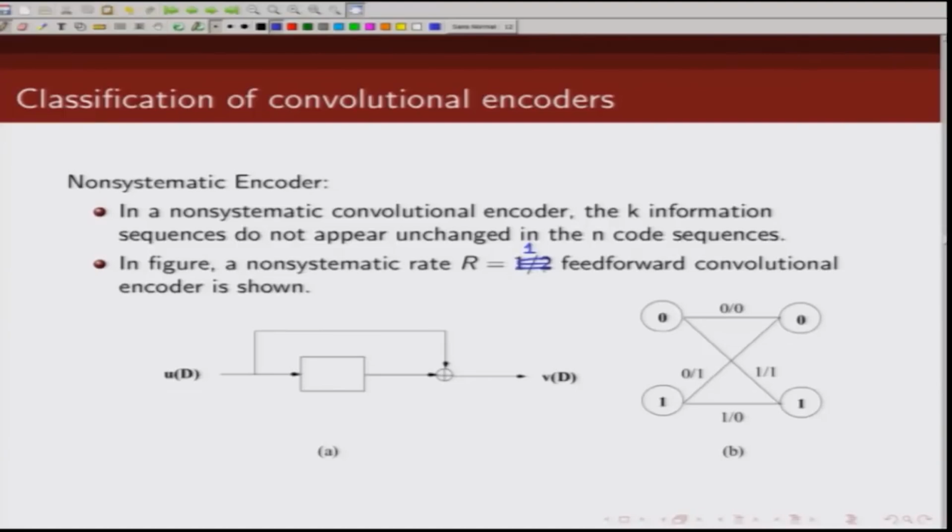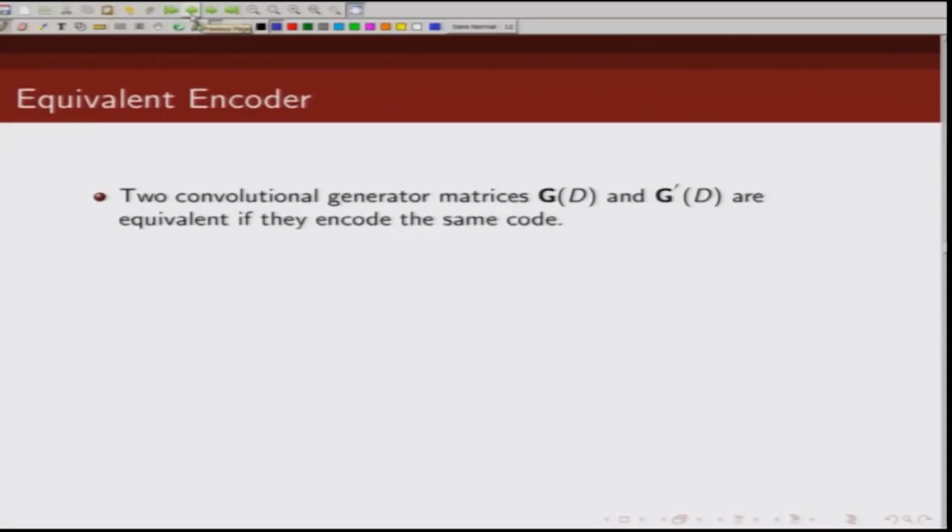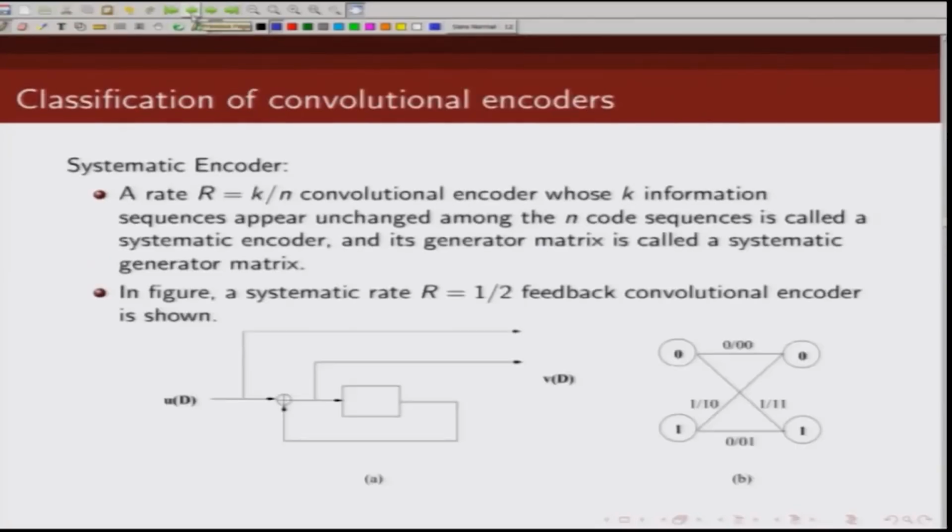And you can see the output bit is given by this current input bit and this past input bit. So, you cannot directly take out the information bits from this coded bit. So, this is an example of a non-systematic encoder.